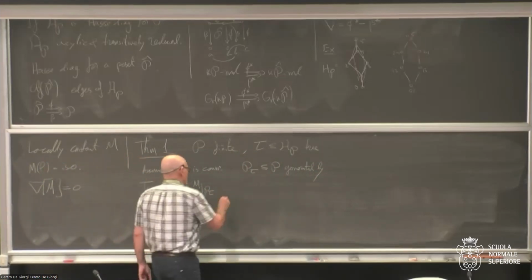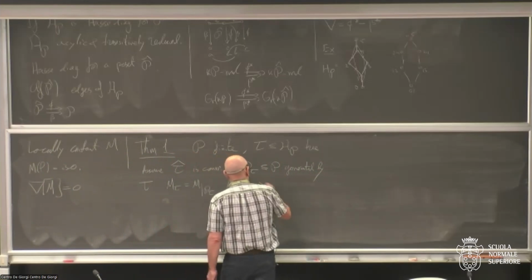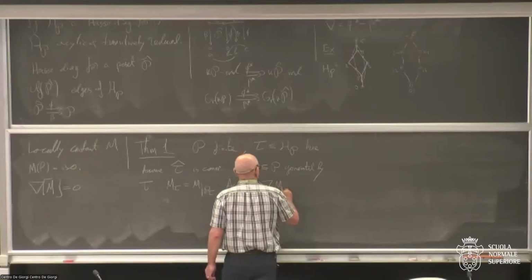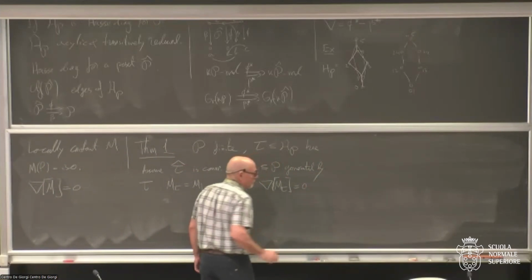And I want to assume that nabla of M_T in the appropriate Grothendieck group is equal to 0, okay?